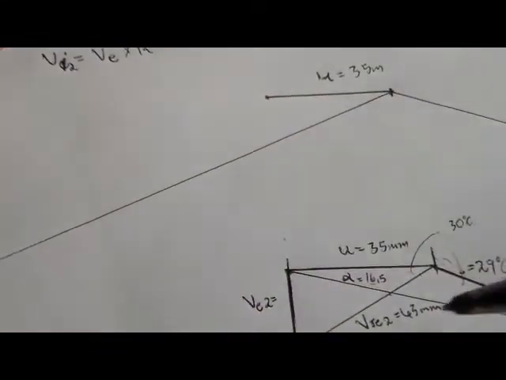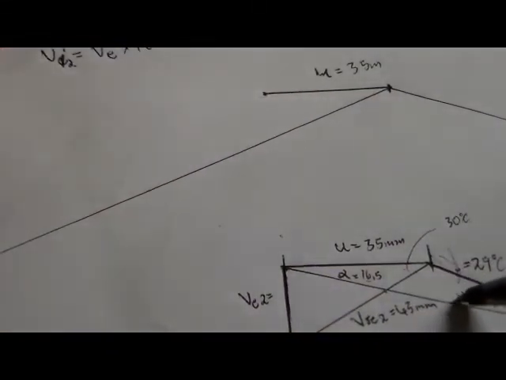But now, because we do have this one velocity, we can just divide it to get VE of the first stage. It will be VI2 over K, and this is VI2.